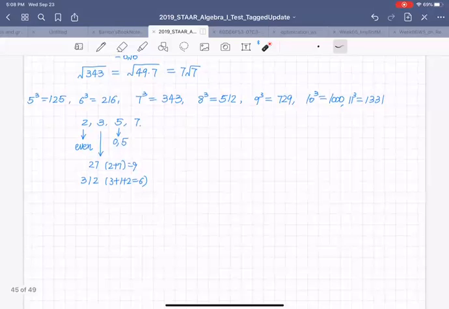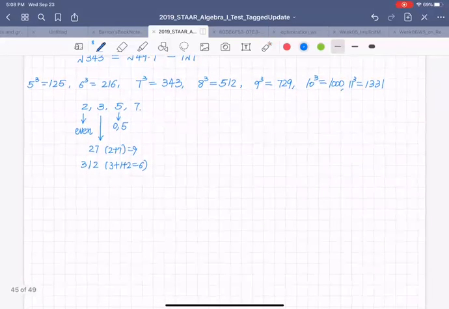Now I'm going to check both of you. 11 squared. 121. 12 squared. 144. 13 squared. Don't look at anything, just look at the screen. 169.